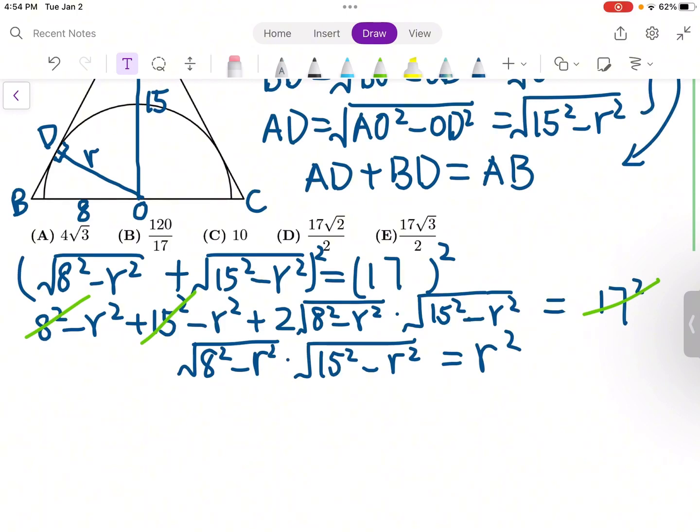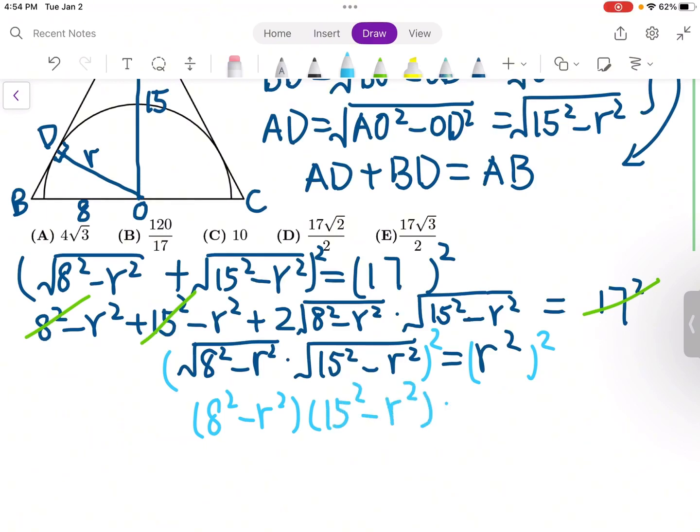Now let's take the square on both sides again to simplify this equation. Then we get 8 squared subtract R squared multiplied by 15 squared subtract R squared equals R to the power of 4.